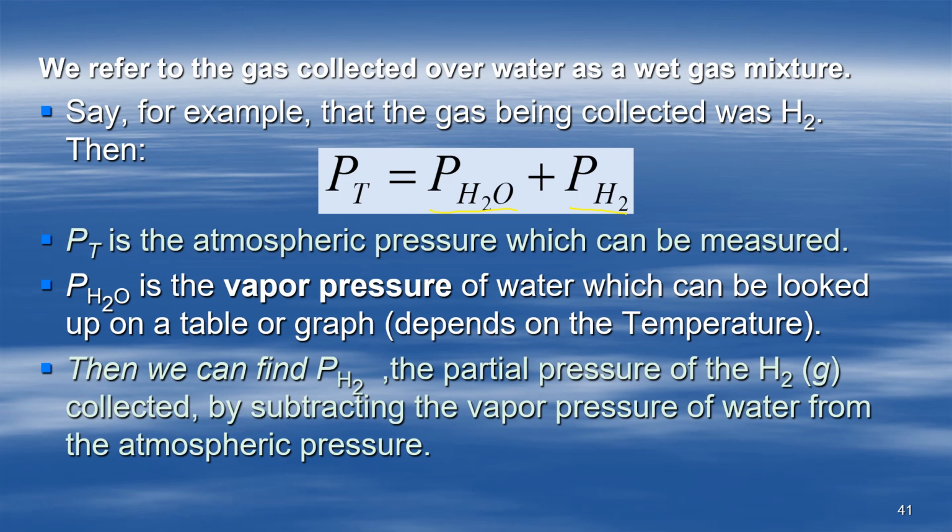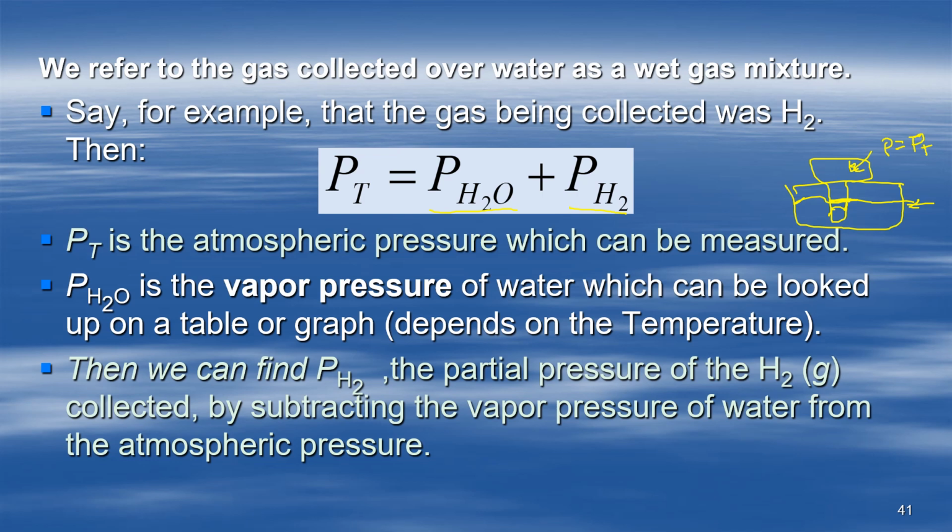So here's the thing: if you line up the water inside the container and the collection beaker, I didn't do a very good job of that, if you line them up, then the pressure in here is equal to atmospheric pressure.